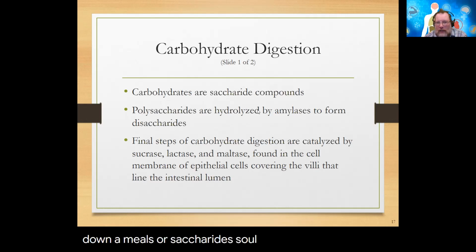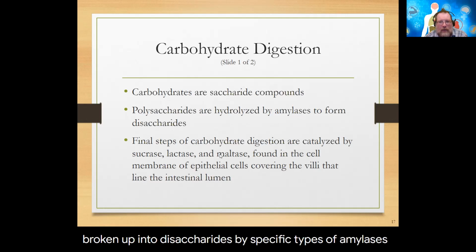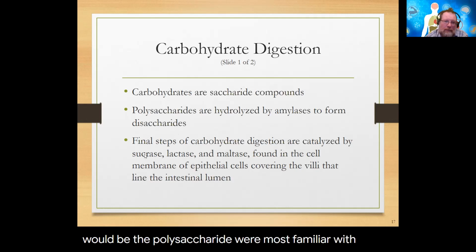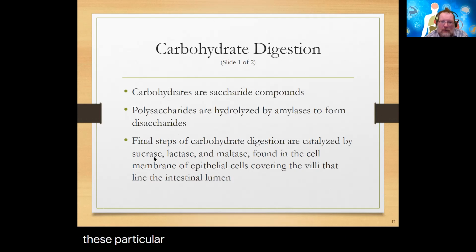So long chain saccharides get broken up into disaccharides by specific types of amylases. And then we can continue that process. The main disaccharides are sucrose, lactose, and maltose. Starch would be the polysaccharide we're most familiar with. So these particular enzymes, sucrase, lactase, maltase, are going to be added to the disaccharide that goes with it.